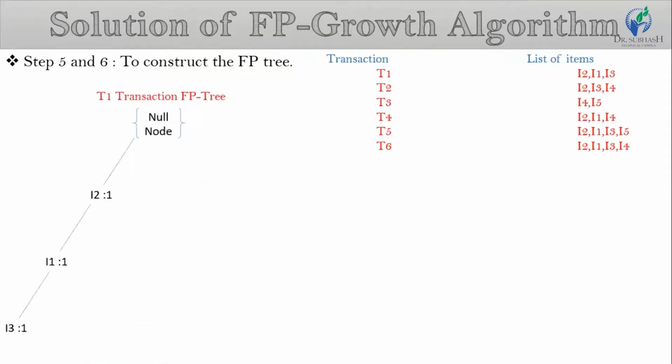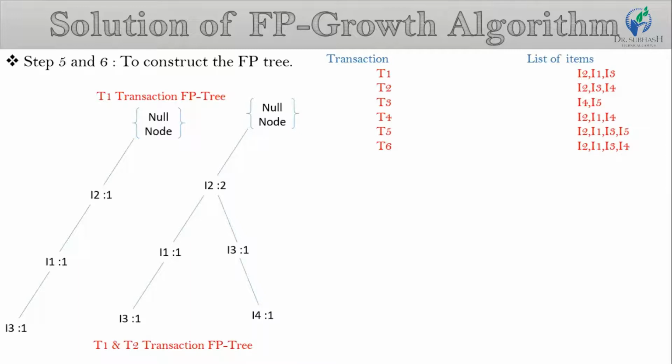Now in the second transaction, T2, containing items I2, I3, I4, I2 is linked to root, I3 is linked to I2, and I4 is linked to I3.